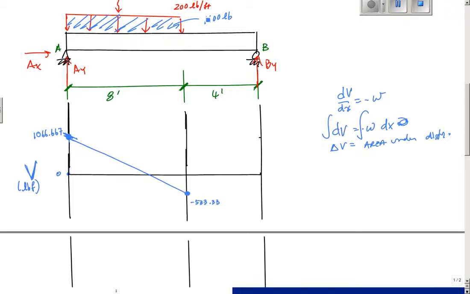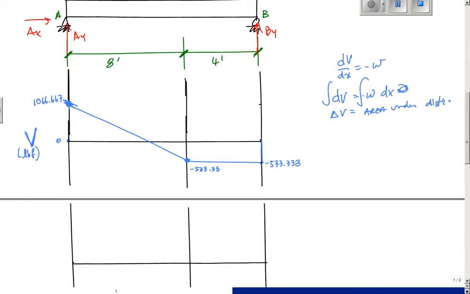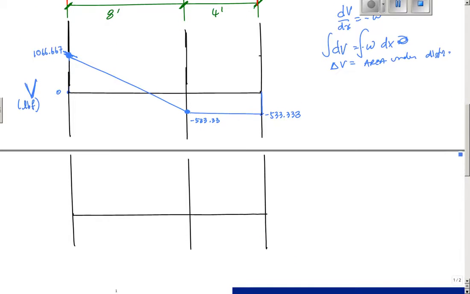Then I have no loading from the end of the distributed load to the other support, so that stays at negative 533.333. And the reaction at By pushes me back up to 0. Pushes me back up to 0. Now, that's great. Life is good here.